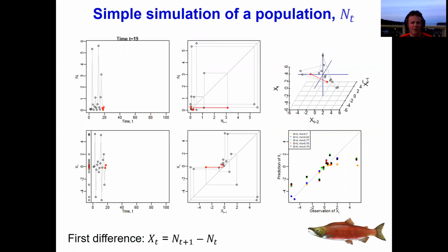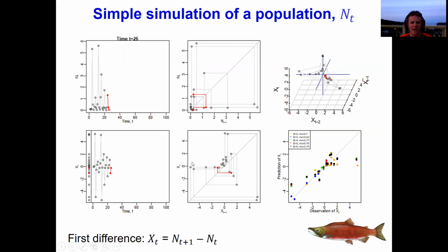And you can see that's evolving as well. Another way of plotting the same data is on the top middle panel, which is a phase plot of nt against nt minus 1. And the bottom shows a phase plot of the x values, the lagged values. As you can see, with these x lagged values, there is some structure appearing in this phase plot.